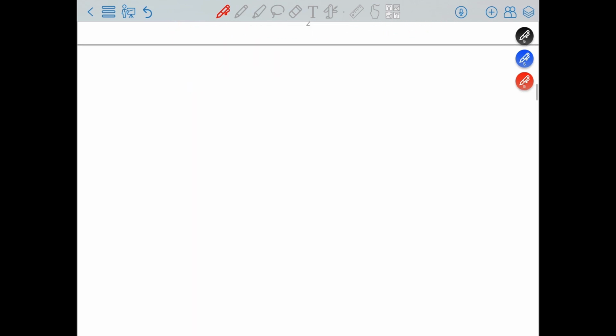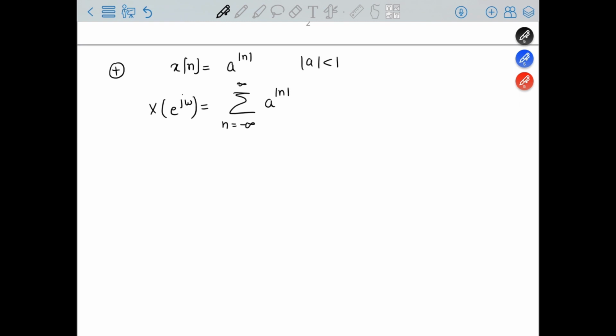Now we'll solve for another common discrete time signal. That will be xn equals a raised to the power mod n, and again mod a is less than 1. So again we'll apply the formula for the Fourier transform of X e raised to the power j omega. That will be summation n equals minus infinity to infinity of a raised to mod n, e raised to the power minus j omega n.